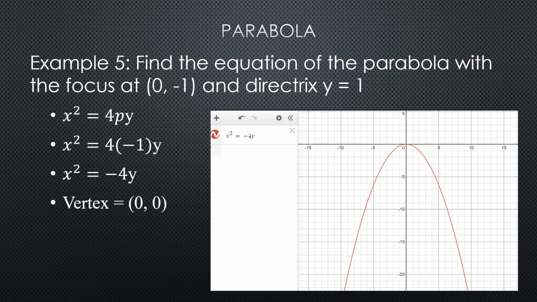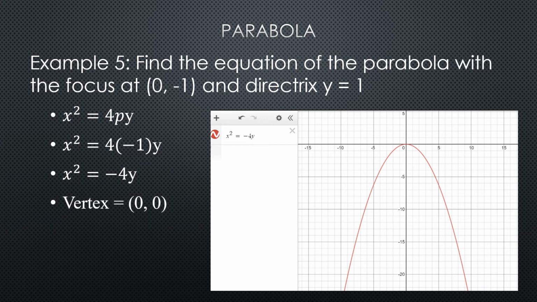So we're really just dialing in our process here. A lot of these examples are very similar, but it's more about the mechanics and working through the process and building that skill set. So the first step, again, is to plot that focus (0, -1), and then plot the directrix at y equals -1, and we can see that the parabola is opening towards the -y, so that's going to give us x squared equals 4py.